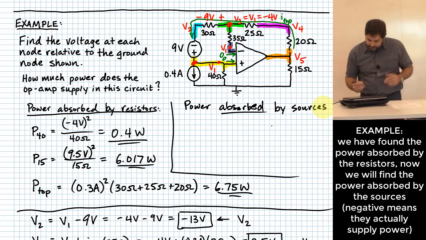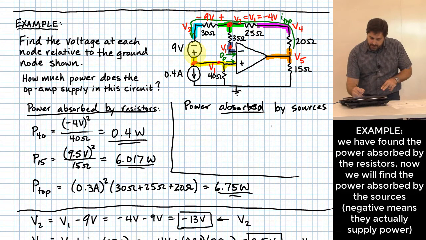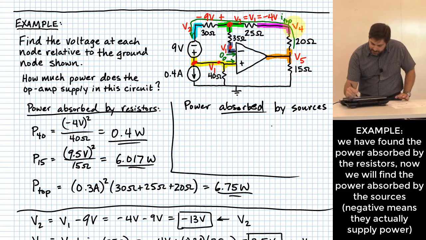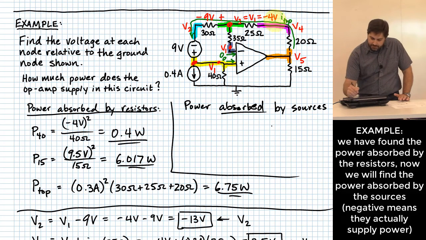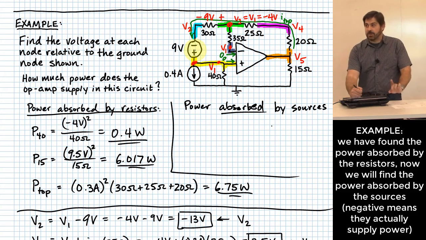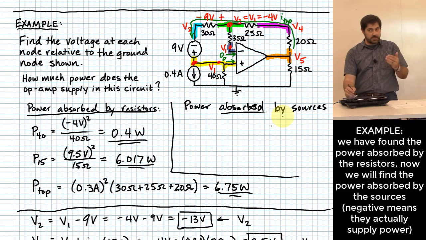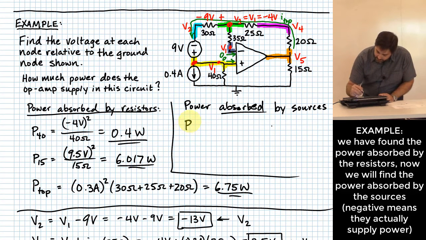Okay, so let's start with, I don't care which one. Which one do you want to do first? Let's take the 9-volt source right here, and we understand that we've got I top flowing. What direction do we have power moving if I top is positive going into the 9-volt like this? It is actually supplying power in that orientation, so when we count it as power absorbed, we want to negate that. Let me label this as P9.